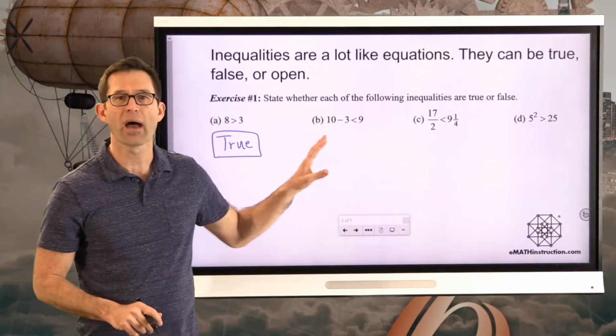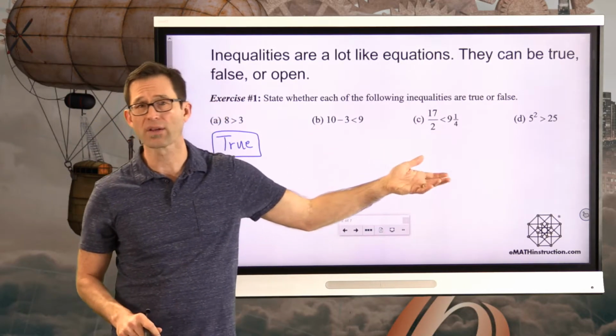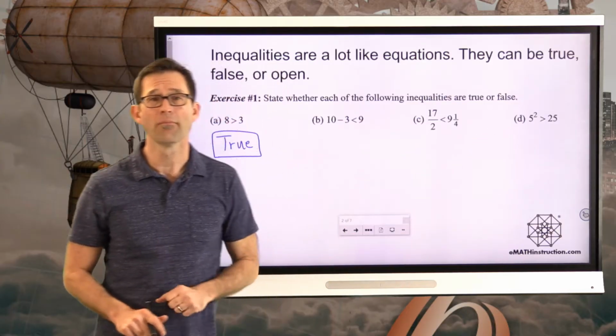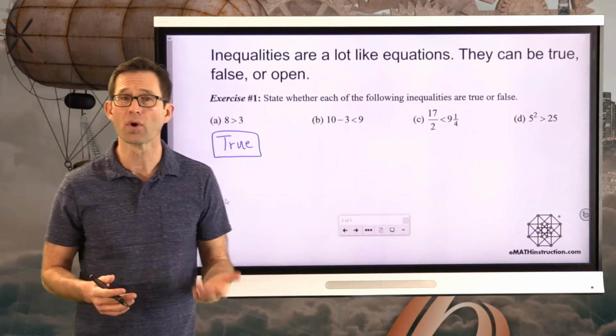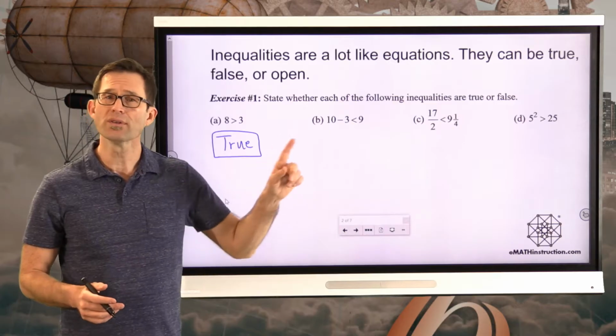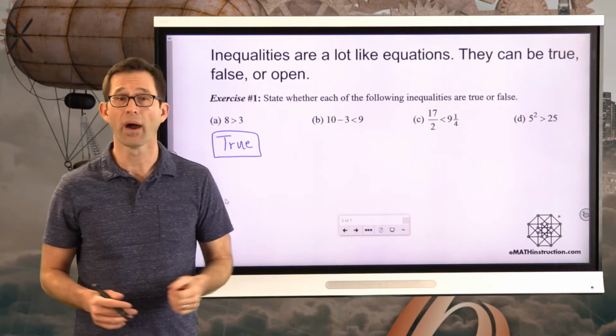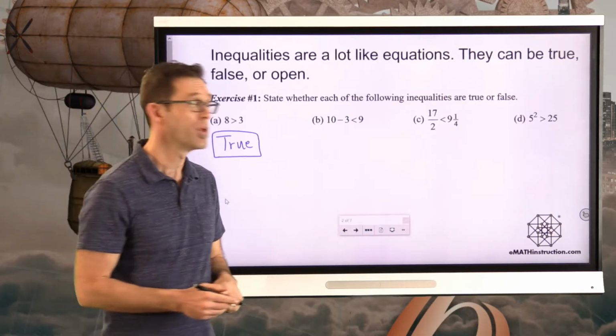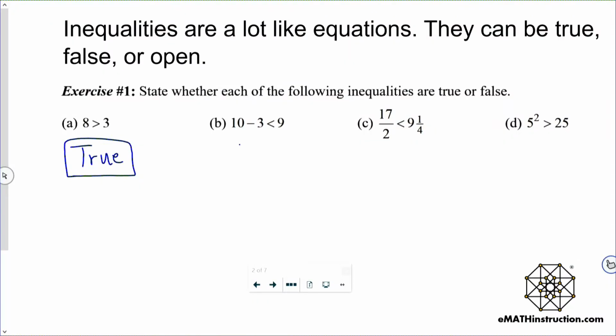As soon as we have mathematical expressions or fractions on both sides, then we might have to do a little bit of work. So for instance, in letter B, is 10 minus 3 less than 9? Well, 10 minus 3 is equal to 7. Is 7 less than 9? Yes, so that's true.